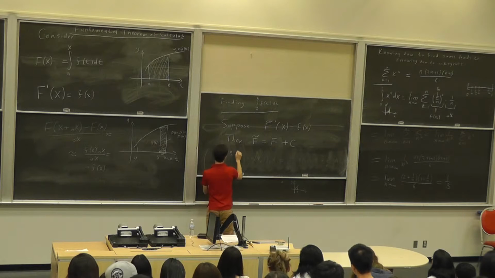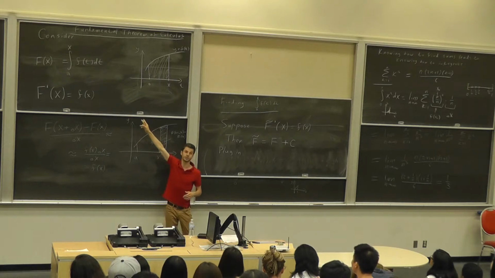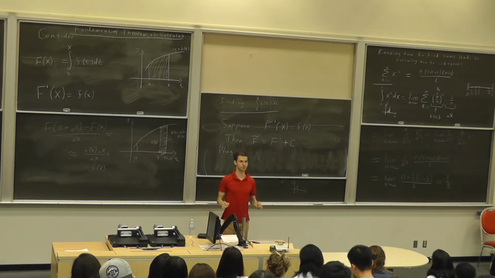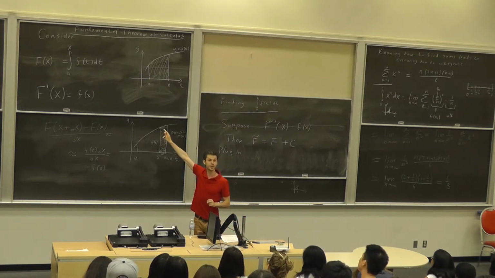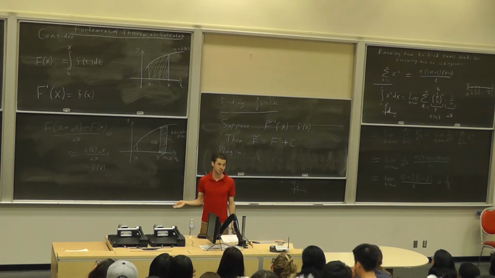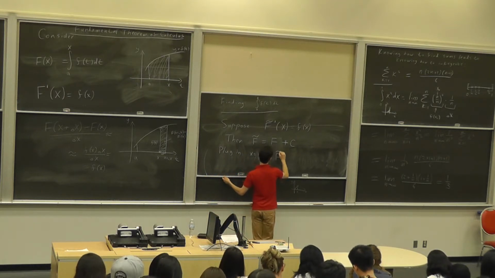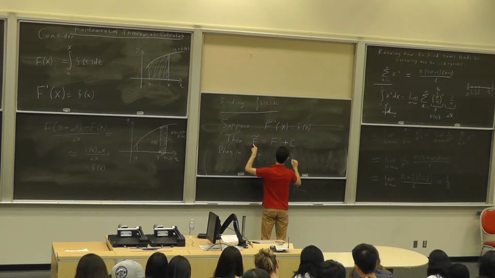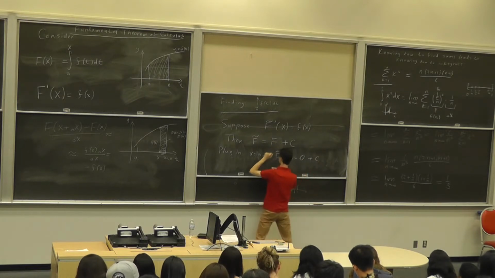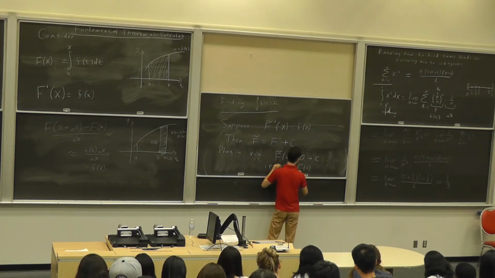I don't really have that many points at which I can actually evaluate this function. In fact, there is just one for which I'm pretty sure what the value is. When x is equal to a, I'm computing the area from a to a. What is it? 0. There is no area. So let me plug in x equal to a. Then I'll find that f tilde of a is equal to 0, the area from a to a, plus c. So this constant is exactly the value of the function f tilde at a.